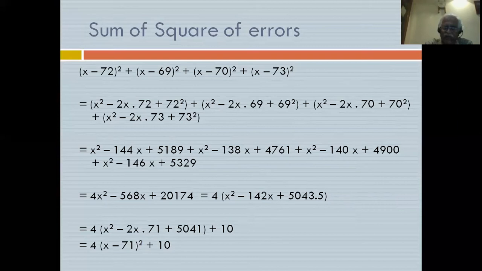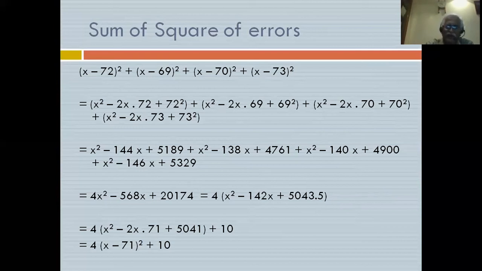Now 71 into 2 is 142. So if I want to go for (a minus b) whole square, 71 square comes to 5041. Now 5043.5 minus 5041 is 2.5. 4 into 2.5 is 10, which is extra, so we add plus 10.